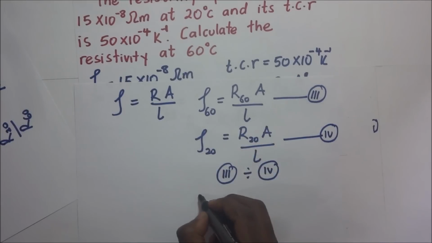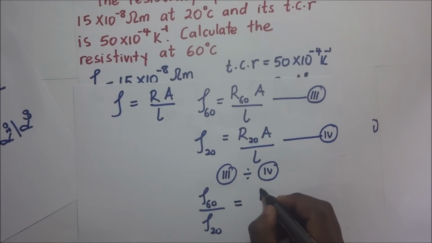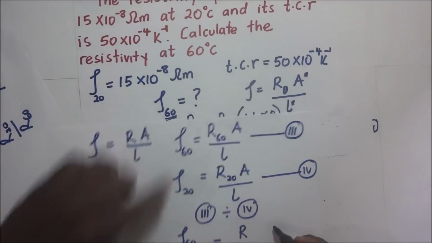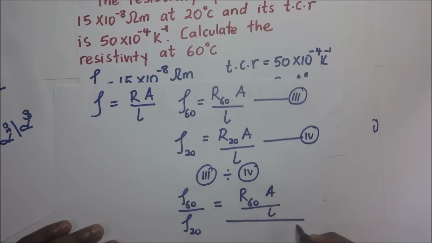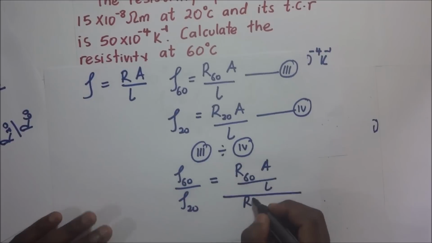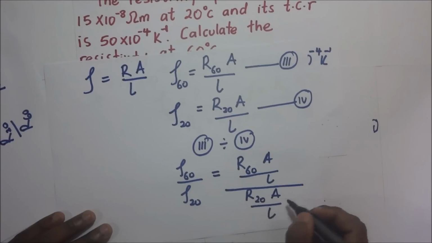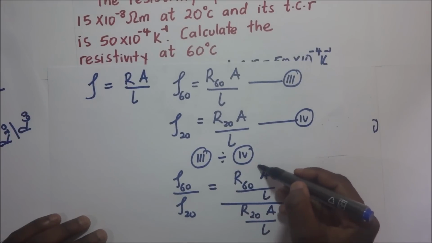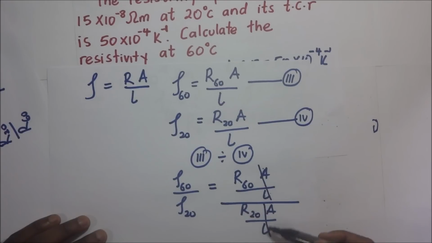So the resistivity at 60 divided by the resistivity at 20 is the resistance at 60 times area over L, divided by the resistance at 20 times area over L. Of course this area and this L will cancel out, since it's mild steel, they have the same area and the same length.